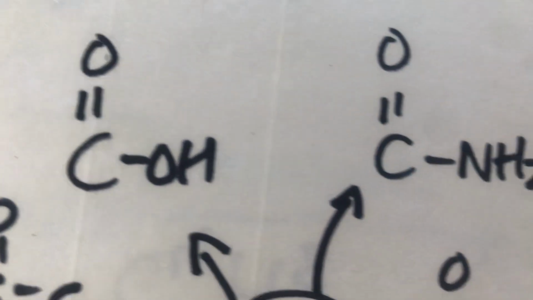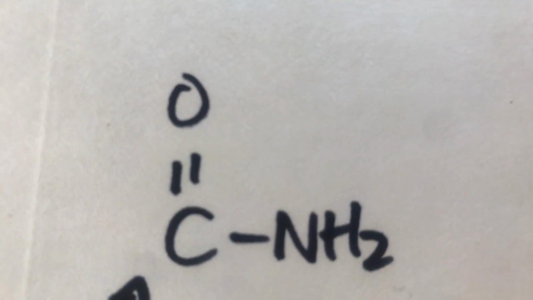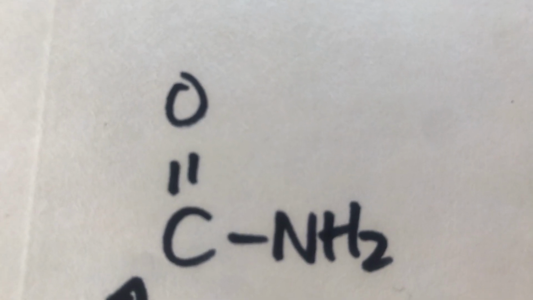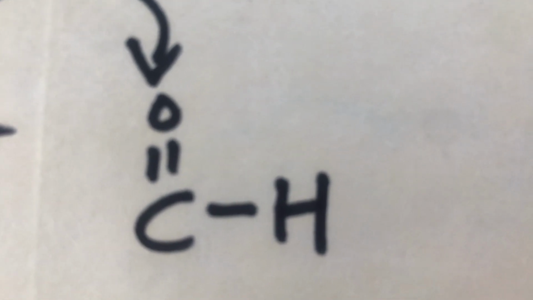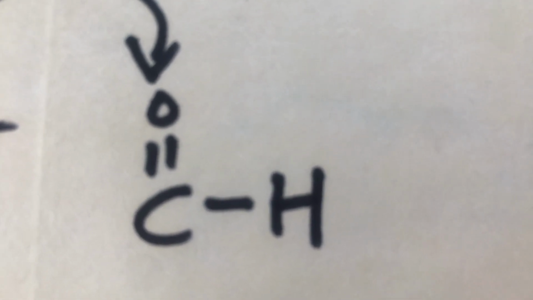First of all, if it also has an OH, it's a carboxylic acid. If the carbonyl group has an NH2 also attached to it, that's an amide. If it has a Cl, we have an acyl chloride. If it is on the terminal, the end carbon, it's an aldehyde.